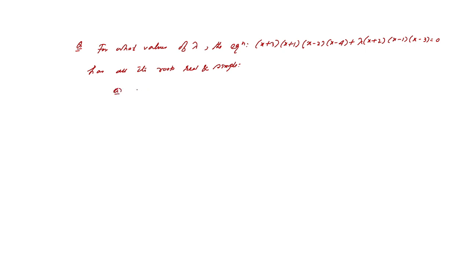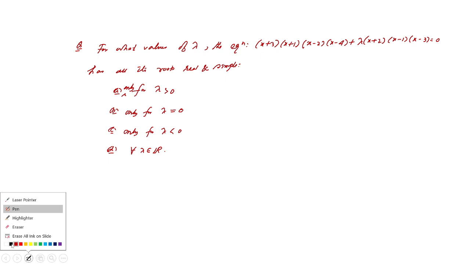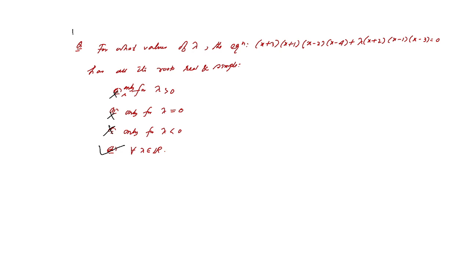Option A, only for lambda greater than 0; B, only for lambda equals 0; C, only for lambda less than 0; D, for all lambda belonging to real numbers. So we have checked that for all lambda belonging to real numbers, all the roots are real and simple, so option D is correct. All other options are false.